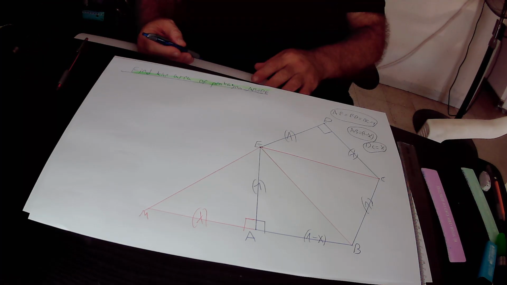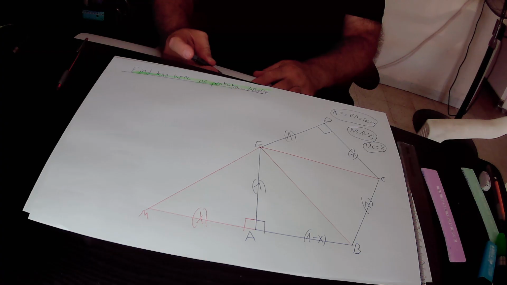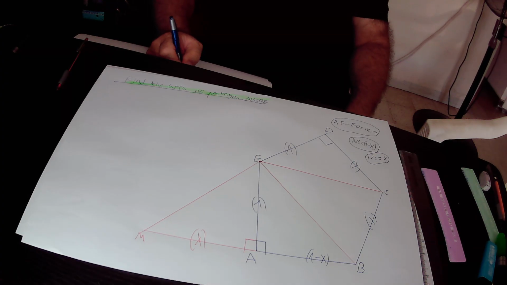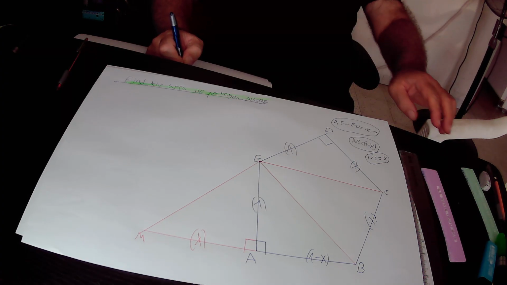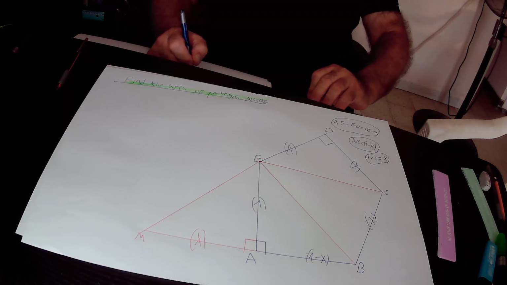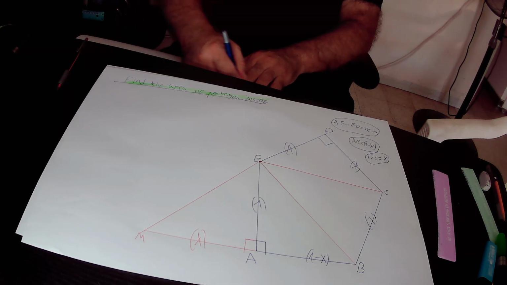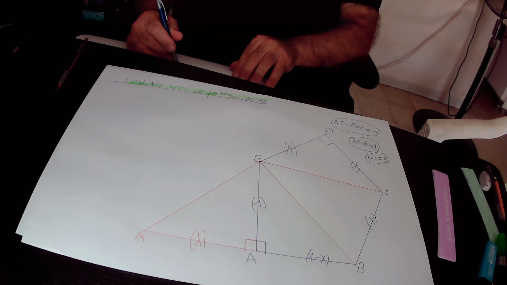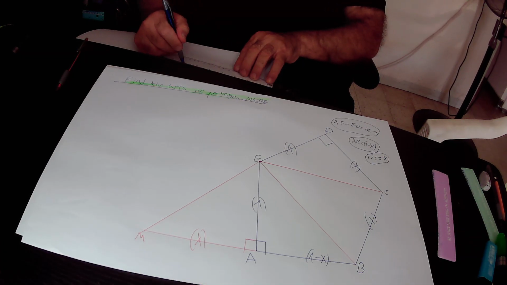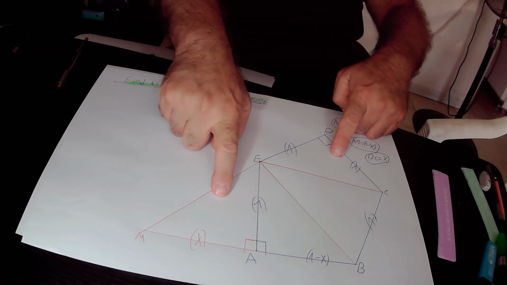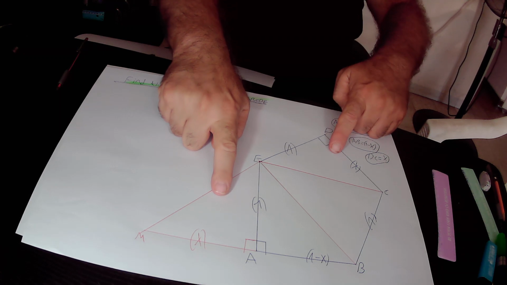So we prove that the right triangle EAM is congruent to this right triangle EDC. Why are those two right triangles congruent?